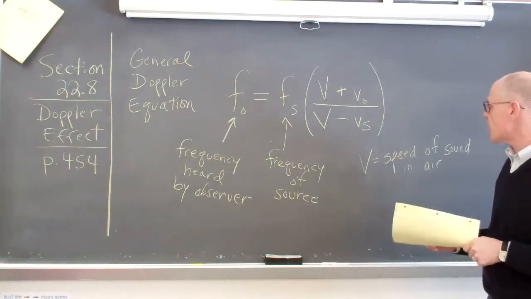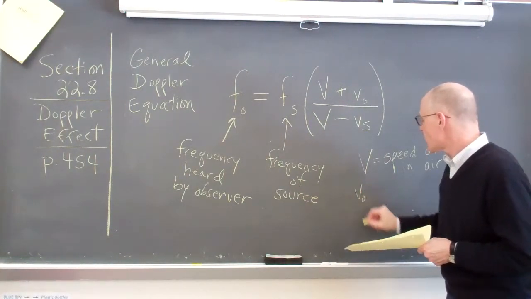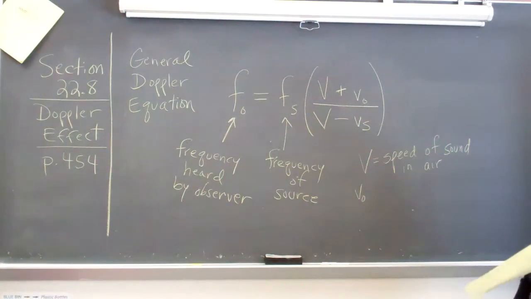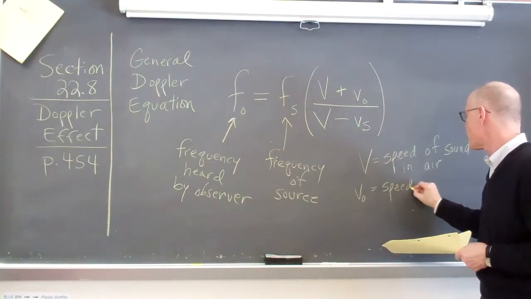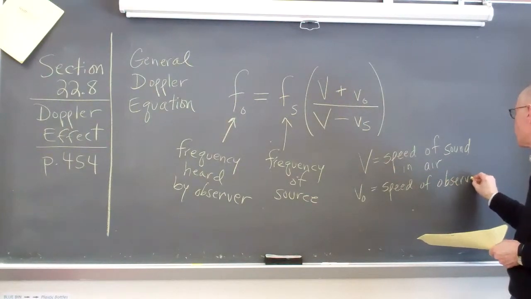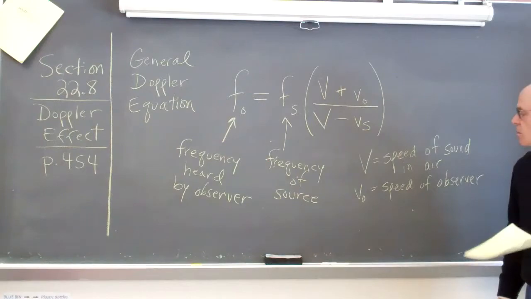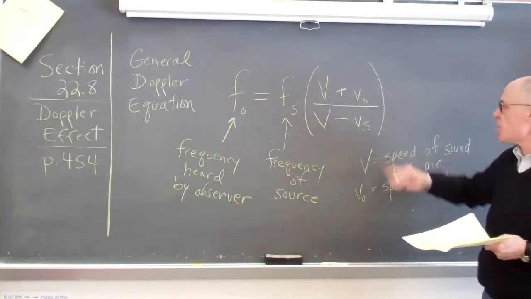Now, lowercase v's. Lowercase v with a subscript o is the speed of the observer. So is the person who's listening to the sound moving or not, and in what direction? If you're given a problem where the observer is stationary and just standing in one place, then that would just be 0.